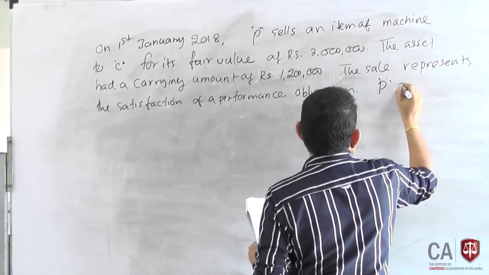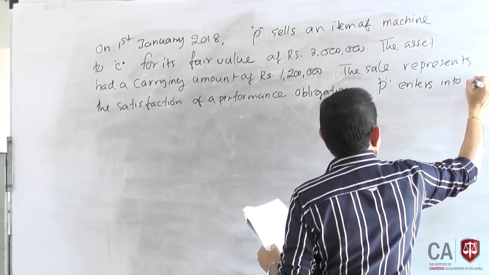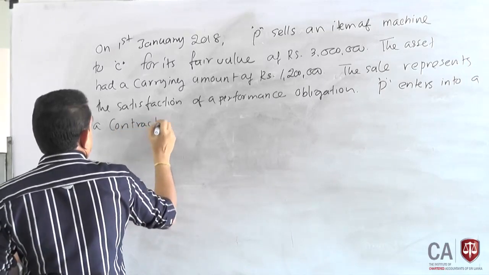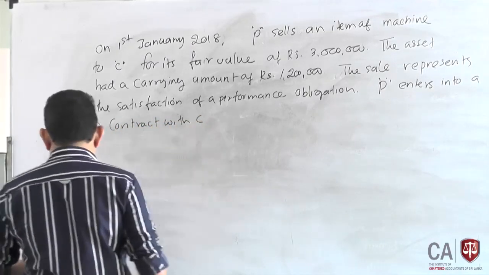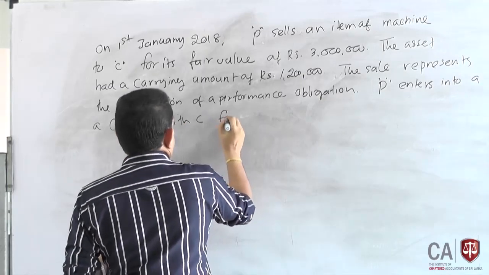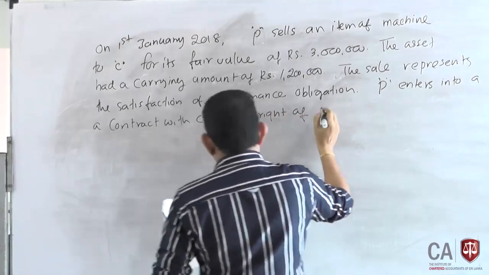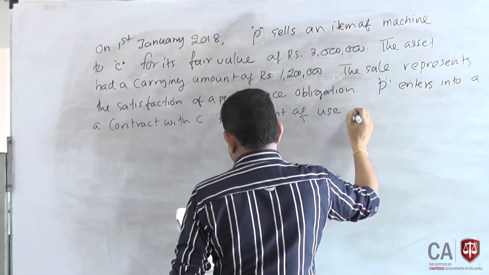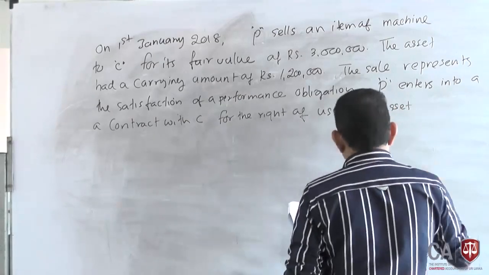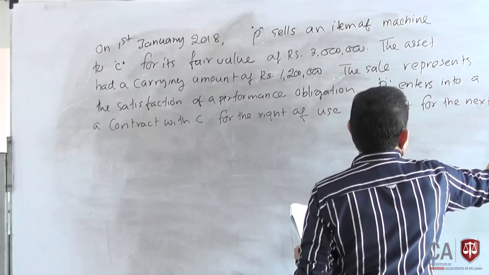P enters into a contract with C for the right of use of the asset for the next 5 years.